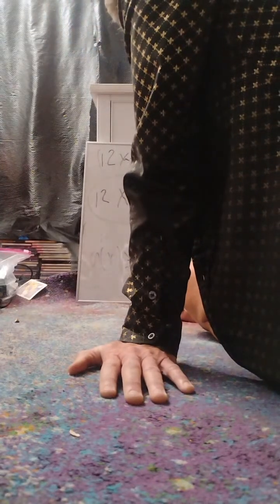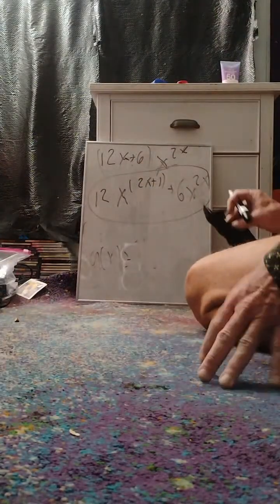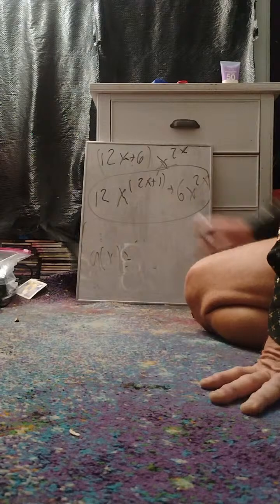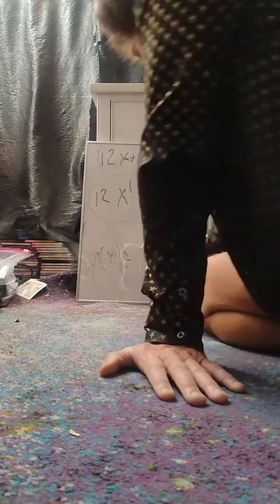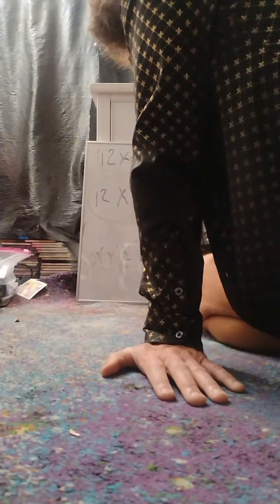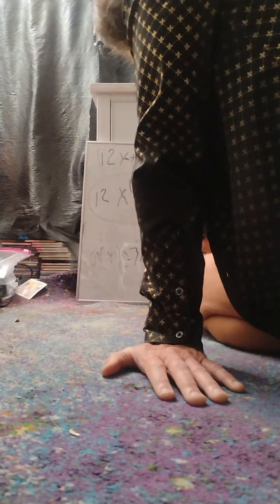I wasn't paying much attention, but that original function I wrote as g of x by the chain rule is this thing. I don't remember what function I just wrote. What did I say? Did I say 3x to the 2x plus 1 times x?